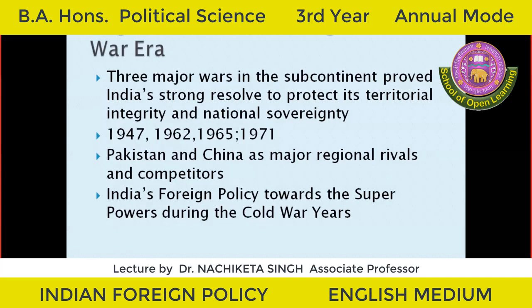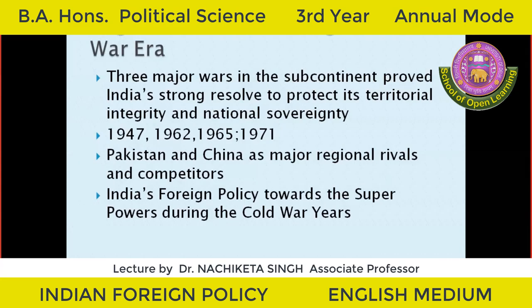But going back again to 1947, 1962, 1965, 1971, these four wars, including the one with China, also formed the overall narrative of India's security as far as India's foreign policy is concerned. So therefore, we have recognized two major regional rivals, oblique competitors, oblique enemies, that is Pakistan and China.